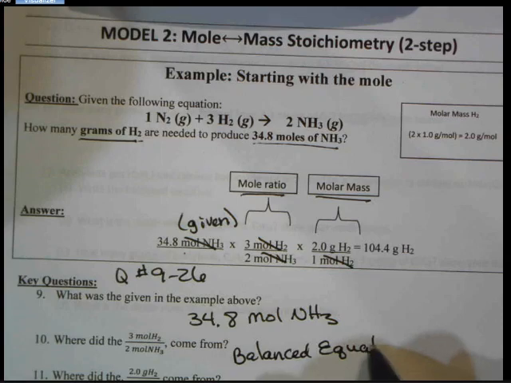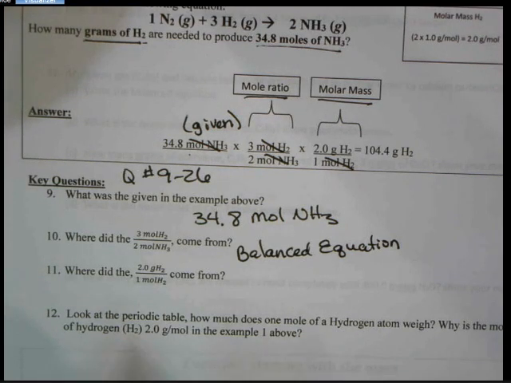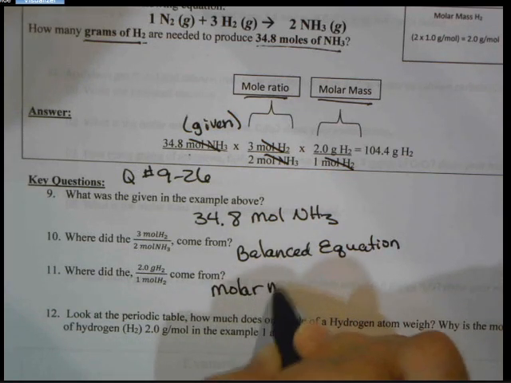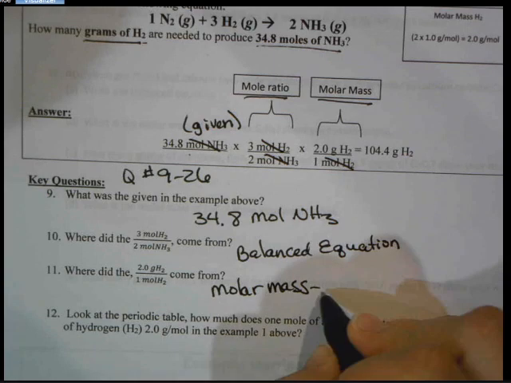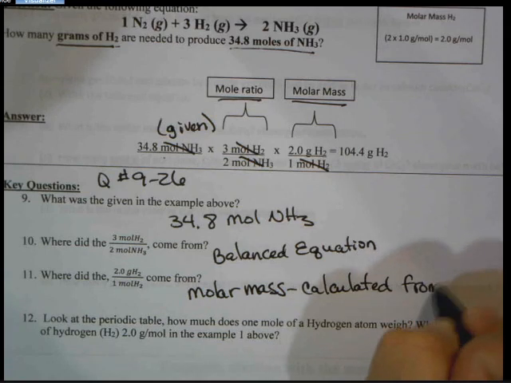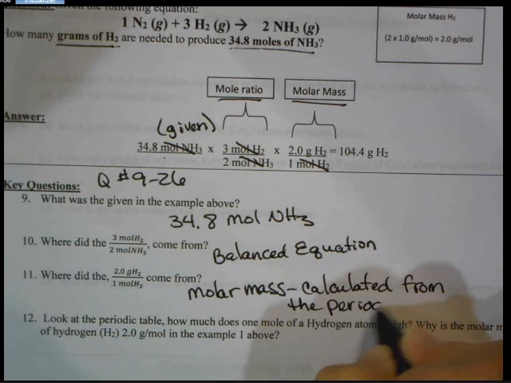Remember, when we're going from moles to moles, that has to come from the balanced equation. It can come from nowhere else. Where did the 2 grams of hydrogen to 1 mole of hydrogen come from? That came from the molar mass, which was calculated from the periodic table, okay?